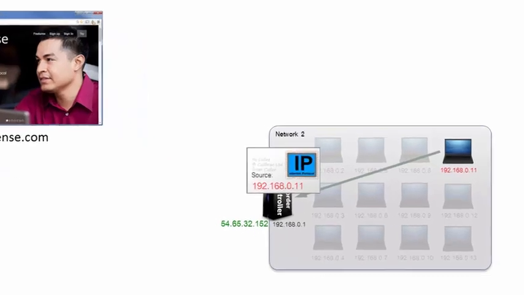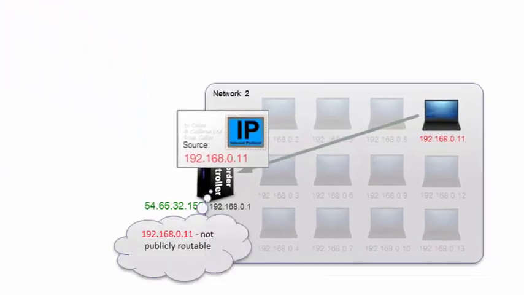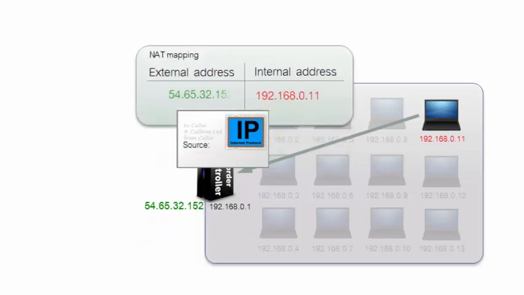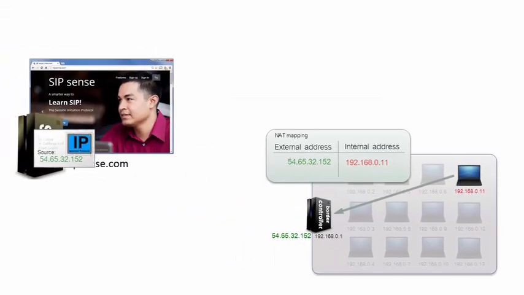Now, before sending this request out to the public network, my border controller, knowing that my private address here is not publicly routable, on my behalf performs network address translation, swapping out my private address for my private network's public address, mapping the address translation as it goes.